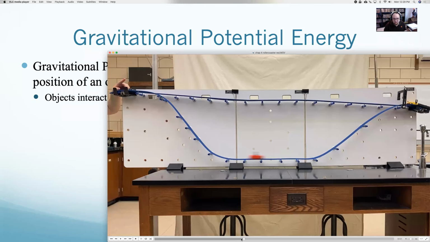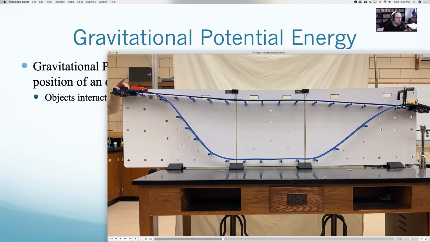If I take this cart from the bottom and start pulling it back up the ramp, I'm giving it potential energy because I'm lifting it up. I'm moving it to a higher spot. Now note, if I just move side to side without changing the height, that's no change in potential energy.